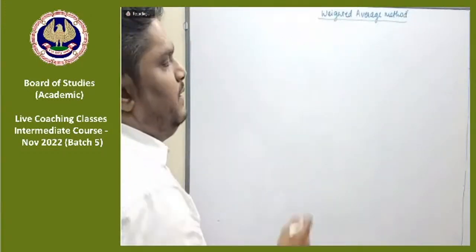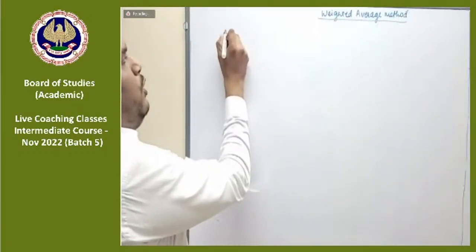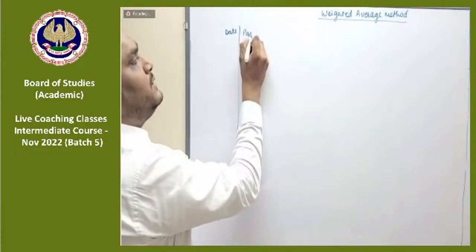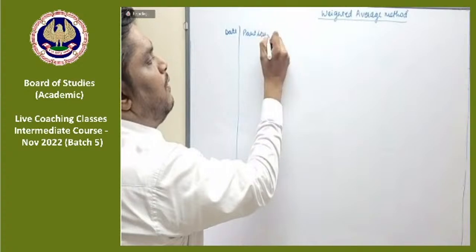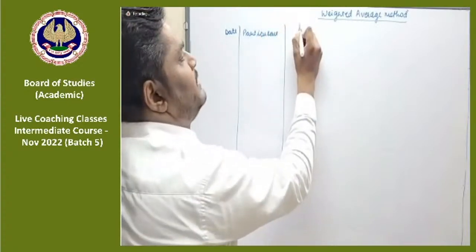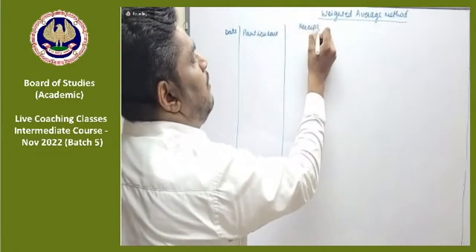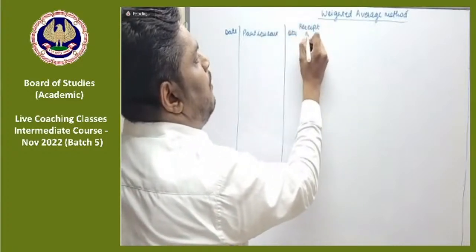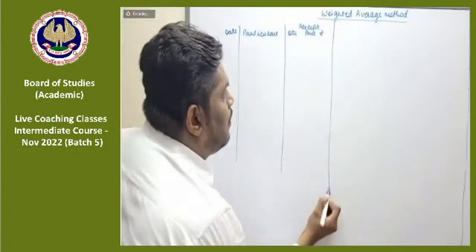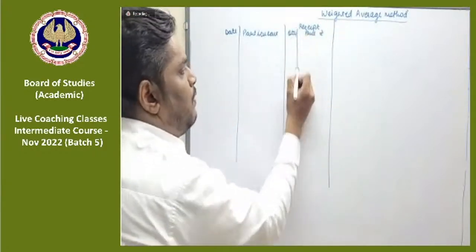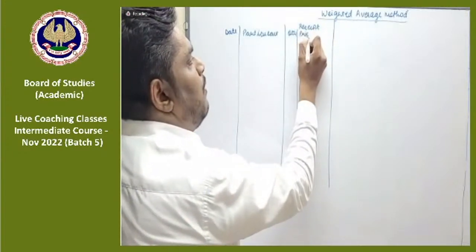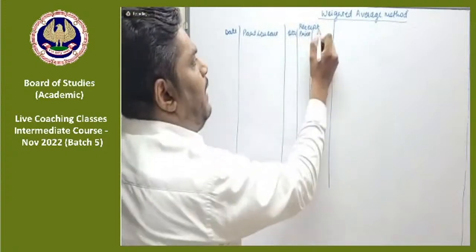Again, a very simple method of issuance, wherein the same columns: the date, particulars, receipt, and the amount.